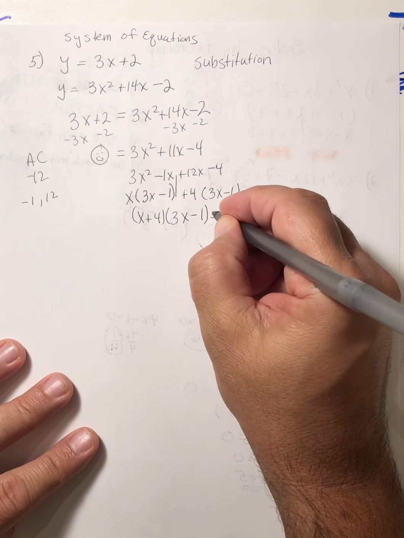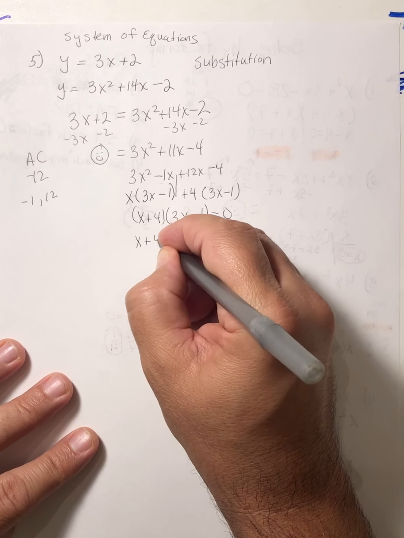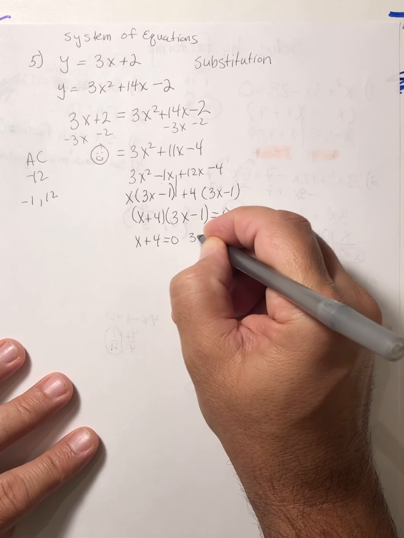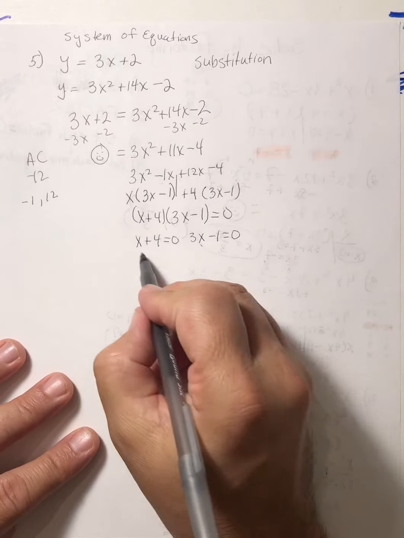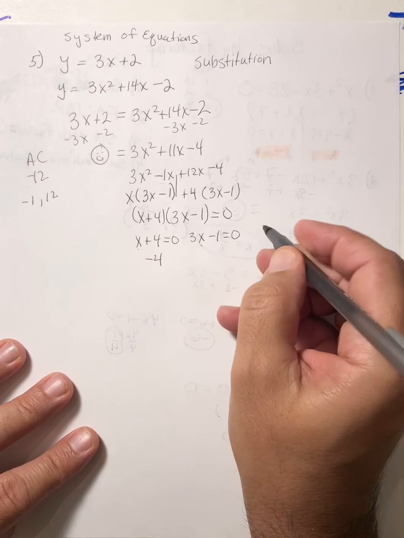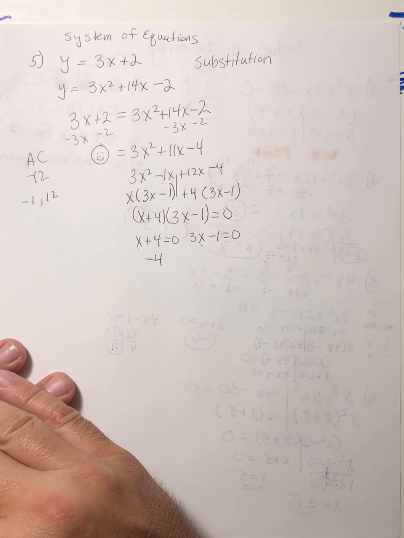Set these each equal to 0. So this x equals a negative 4, and then this x is 1/3. How did I get 1/3 so quickly?